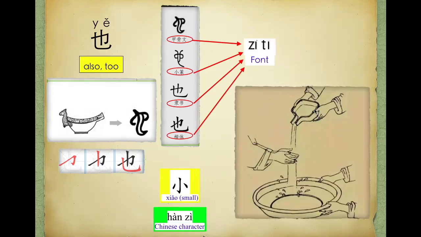People used to wash their hands with it. This bowl or container can hold water. And this object or tool can also hold water. People drew the object like this, and the water flowed down. Gradually, the meaning became also, too. It can also hold water, can wash your hands too.